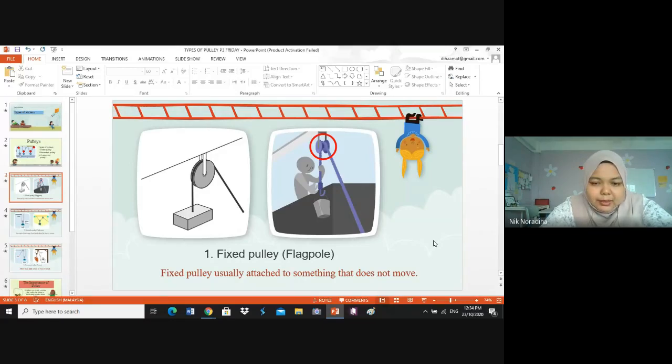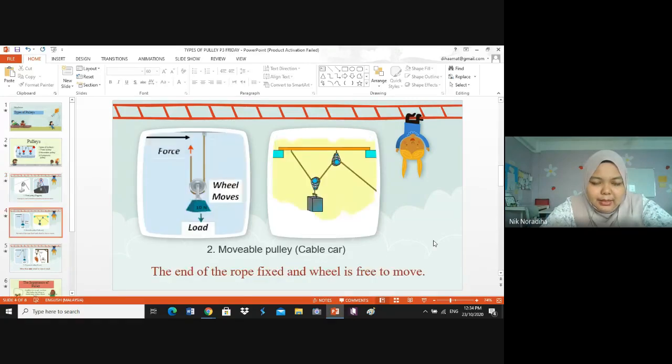Okay, after fixed pulley, we have the second pulley, which is movable pulley. If you look at the name, it has the word move in it. Movable pulley. So it means the pulley can go back and forth. It can move. If you look at the first picture, this one is the wheel, the pulley and wheel, and this one is the load.